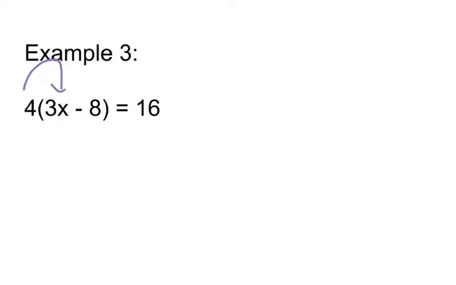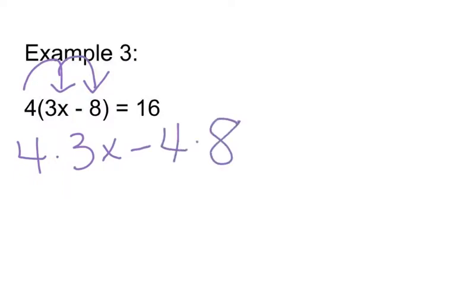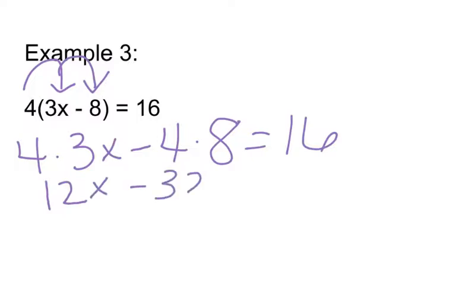Again, we're going to distribute the factor of 4 to both pieces of the parenthesis. All right. And so when we do that, we get 12x here, 32, and a 16. Two parts to our equation.